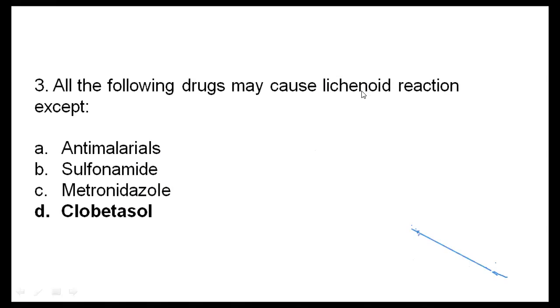Like I was telling, lichenoid reaction is a condition which is differentiated from oral lichen planus in two things. First and foremost, oral lichen planus is always bilateral. So you will look for lesion on both left and right side, whereas lichenoid reaction is always unilateral. Second point to remember, lichen planus is a more chronic condition.